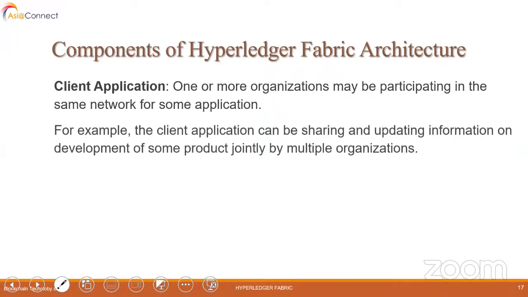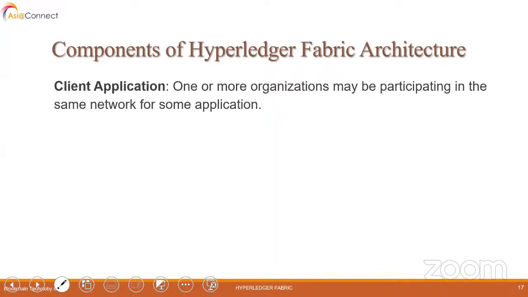Client application: there can be one or more organizations that may be participating in the same network for some application. If it is purely for IIIT DMJ, then there's only one organization and several certificate authorities.